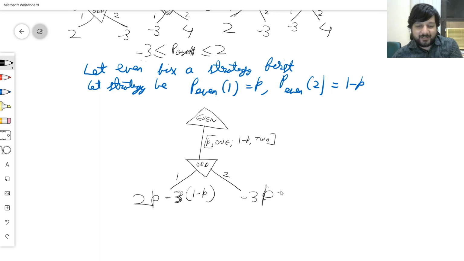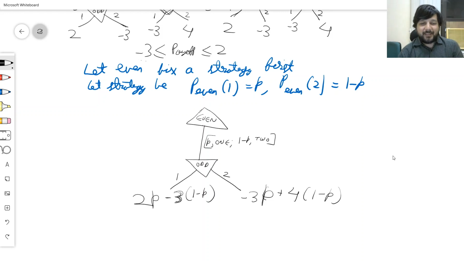If instead I would have played 2, 2 plus 2 is 4, but I assumed I played 1 minus P over here. So given a P, this is what the returns are, the average of infinite runs.